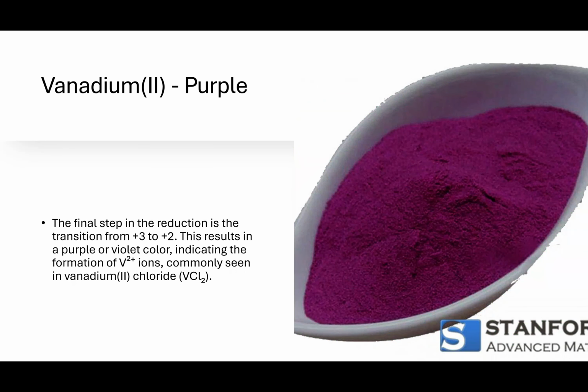For the plus 2 oxidation state now, further reducing from plus 3 to plus 2 results in this purplish violet color of the vanadium 2 plus ion, which is also another stable oxidation state, so it can be found free floating, commonly seen in dissolved or aqueous vanadium 2 chloride. So that tends to be purple.